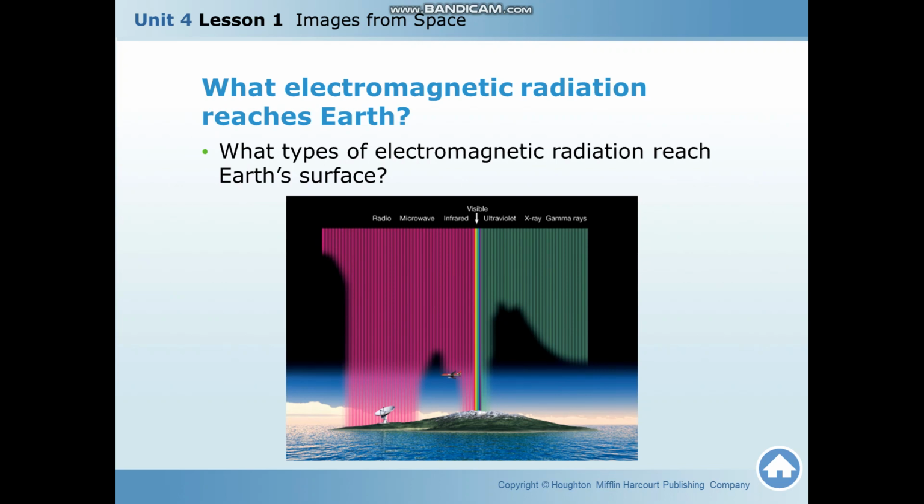You can see radio, microwave, infrared, visible light, and ultraviolet light. But most of the waves that reach Earth's surface are radio waves. That's what you can see in the picture.